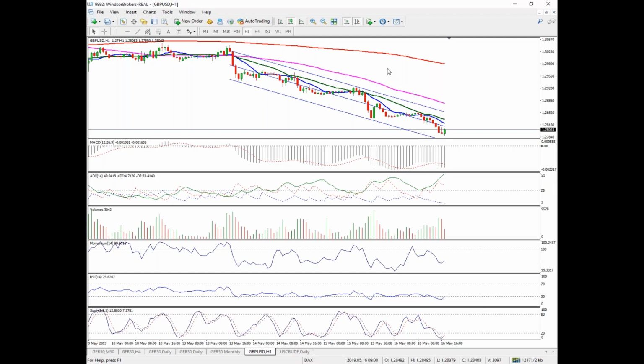So what we have are strong signals of a downtrend. Bears are in power, and bears are looking for a further extension lower.